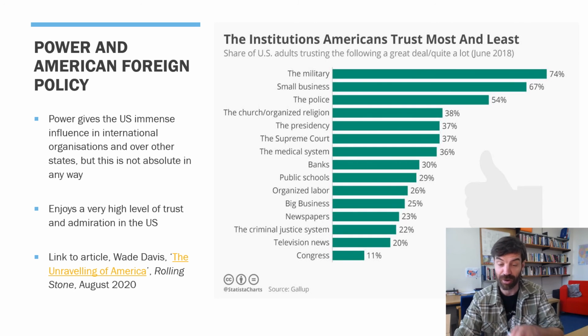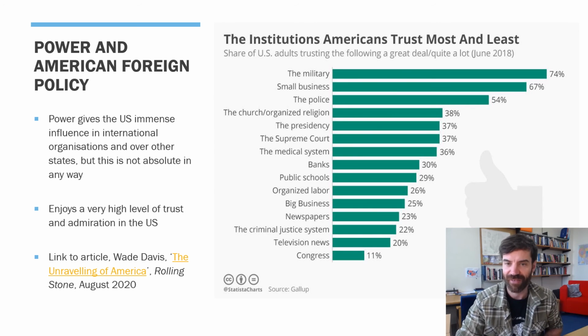You see Congress, its standing in the US back in 2018, having just an 11% approval rating, with the US military having a 74% approval rating. And this tells us just how much the amount of American power and the US military is seen in a positive light across just about all 50 states of the American Union.